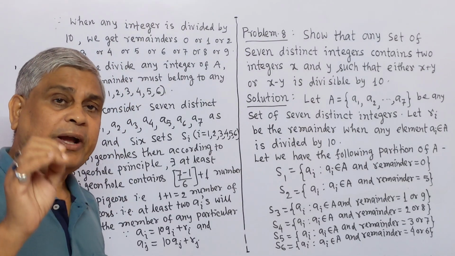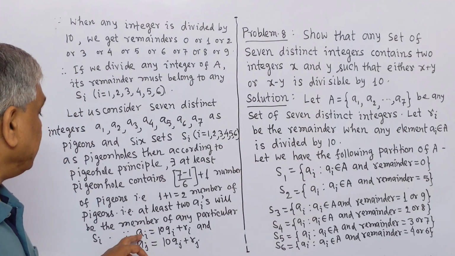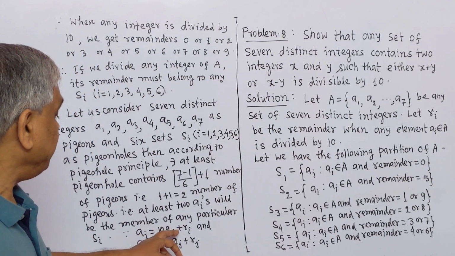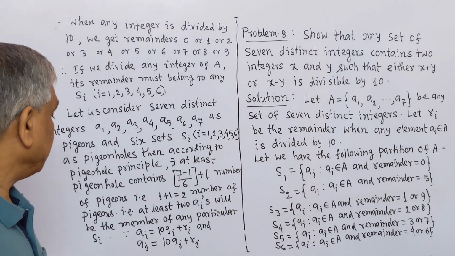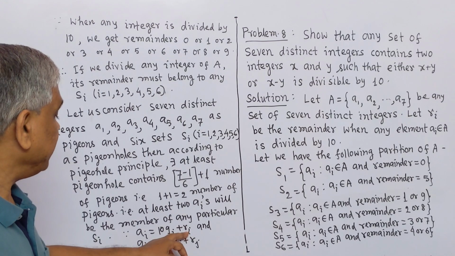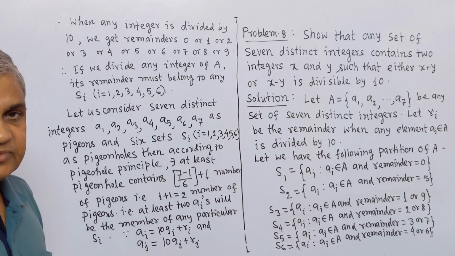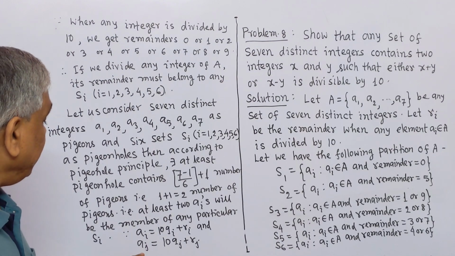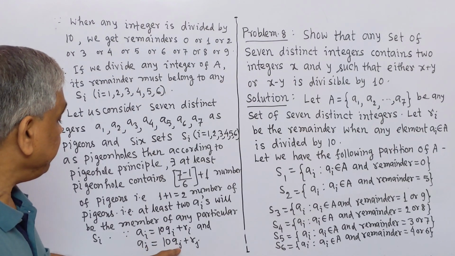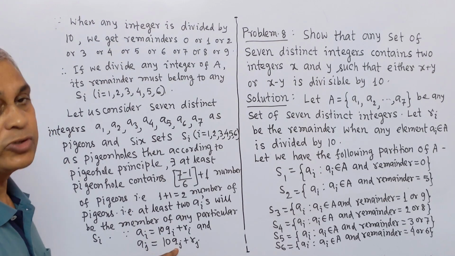Since by the division algorithm we know that ai equals 10 qi plus ri. Here qi is the quotient and ri is the remainder when ai is divided by 10. Similarly, aj equals 10 qj plus rj, where rj is the remainder and qj is the quotient.